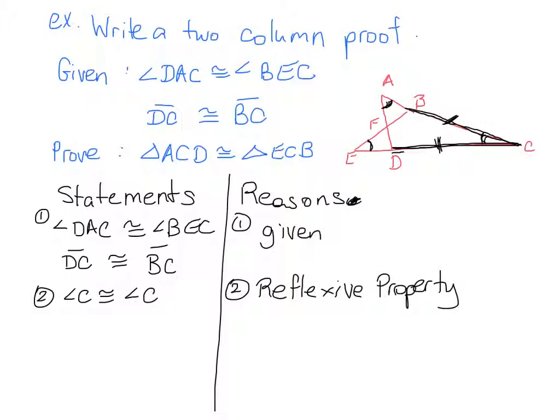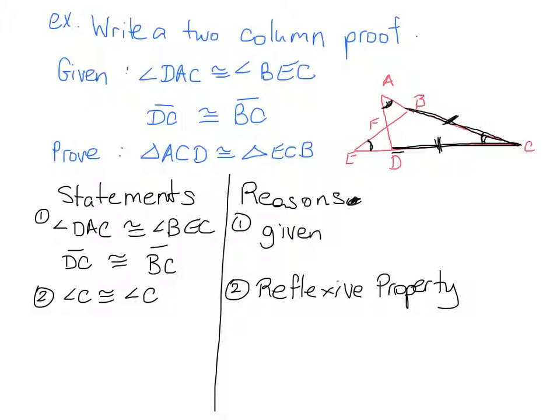All right, so how does that help us? Well, we are trying to prove that triangle ACD is congruent to ECB, and I have an argument here that we actually know enough to say that they are congruent now.